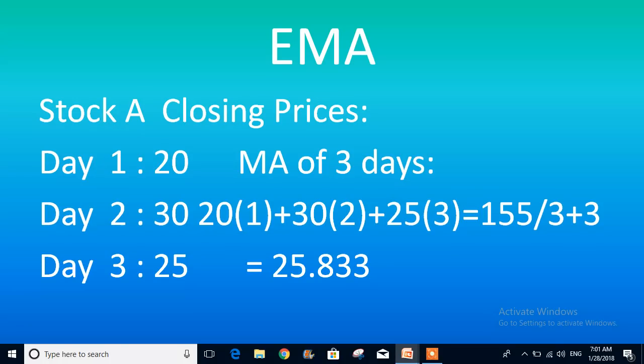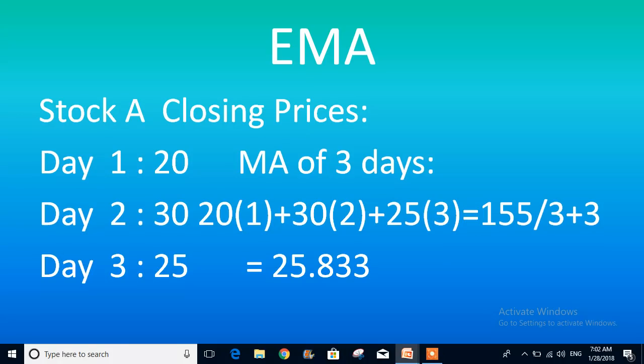So now how will we calculate the exponential moving average of these three? 20 into 1, 30 into 2, plus 25 into 3. So 20 into 1 is 20, 30 into 2 is 60, 25 into 3 is 75. 20 plus 60 is 80, 80 plus 75 is 155. And we divide by the sum of the weights, 1 plus 2 plus 3, which is 6.